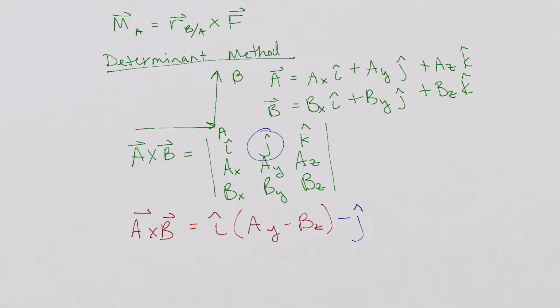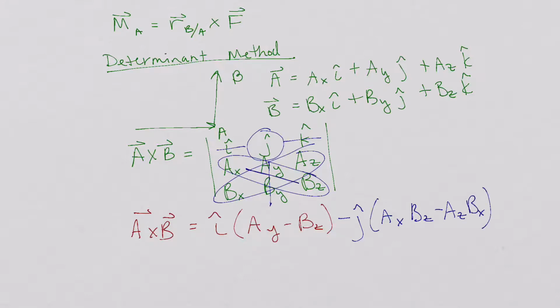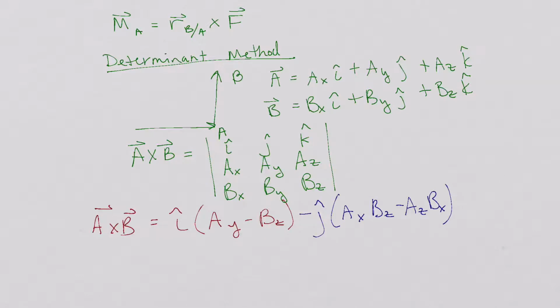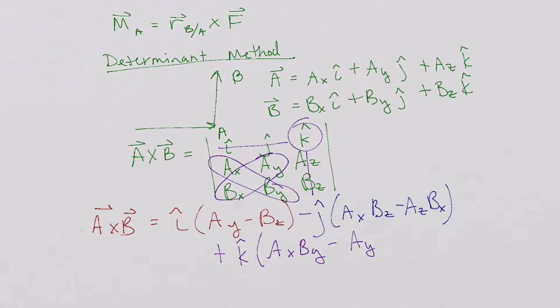Now we're doing j, so we cross out those and that. Minus j of AX times BZ minus AZ times BX. And then for the last one, we do plus k, crossing out horizontal and vertical, of AX times BY minus AY times BX.